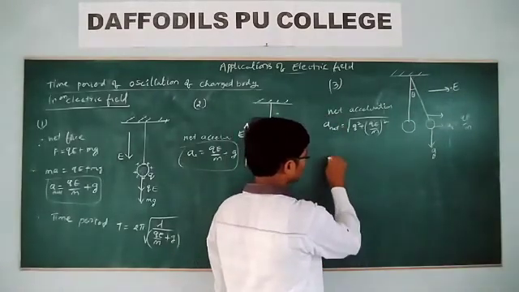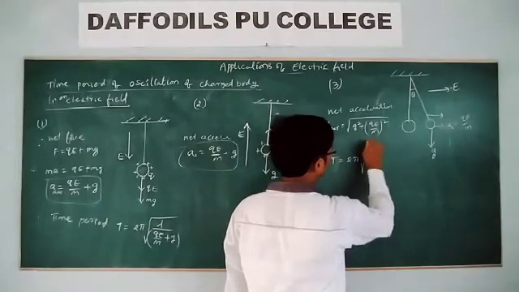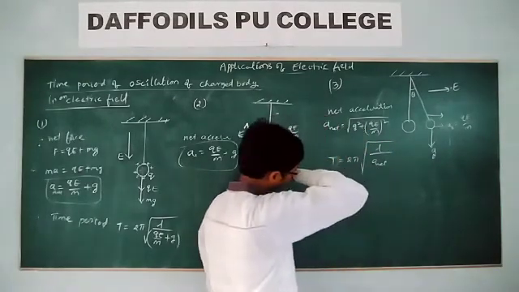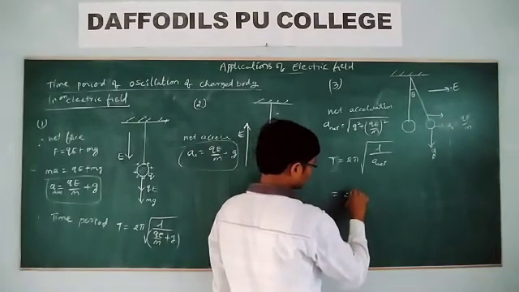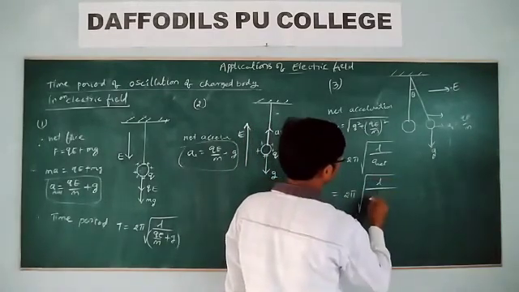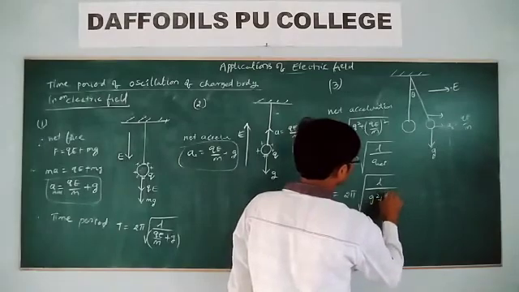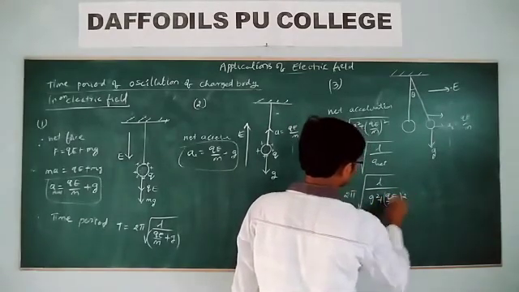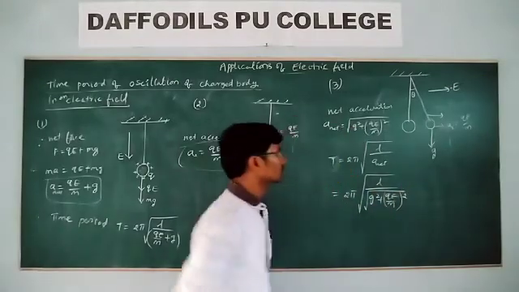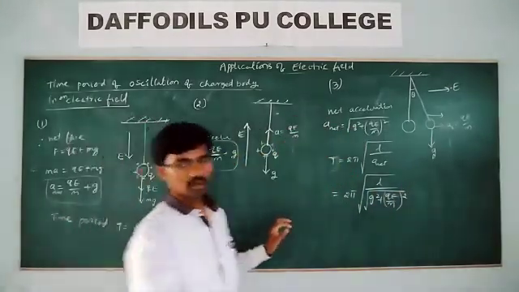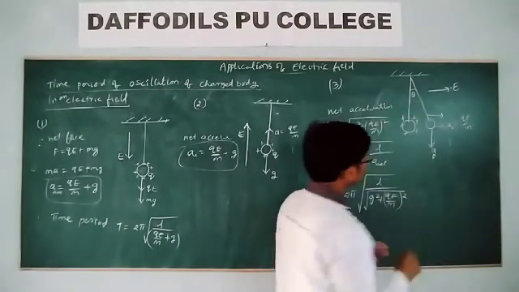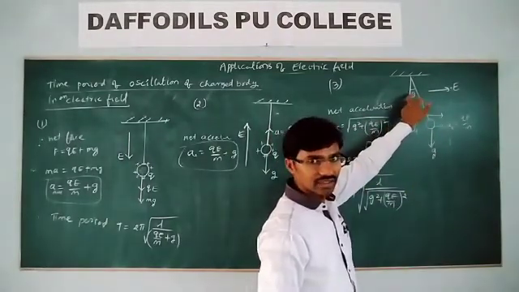Therefore, T is equal to 2 pi into root over L by a. The net acceleration is this one. That is equal to 2 pi into root over L by the square root of g square plus QE by m whole square. Then what will be the deflection here?